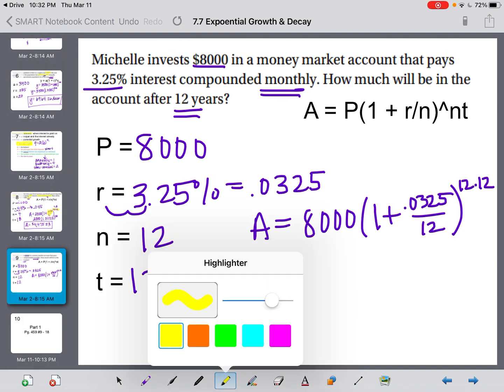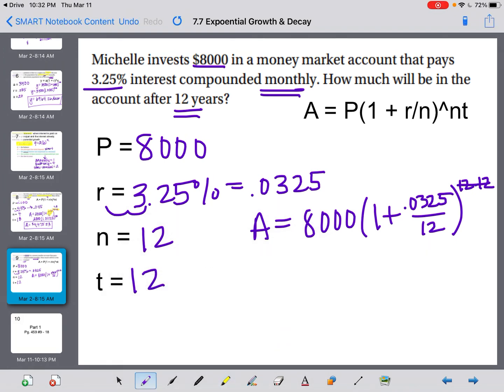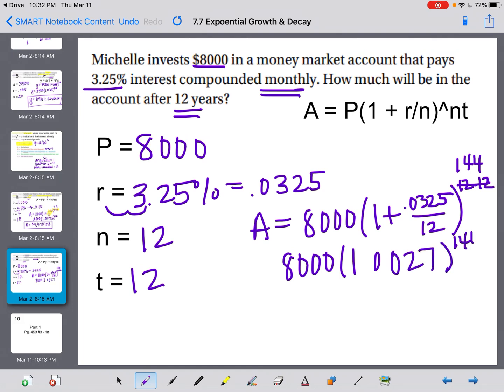Okay, well, I know that 12 times 12 is 144. And in the parentheses, 0.0325 divided by 12 plus 1 gives me 8,000 times 1.0027 when I round it.